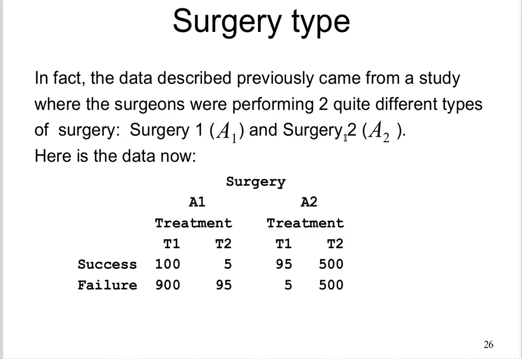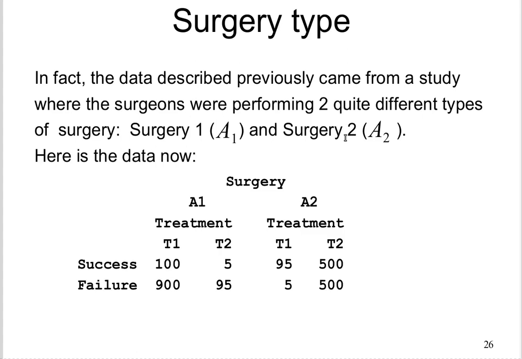And for our illustration here, we'll suppose that there were 2 types of surgery. And we'll keep it generic. We'll refer to the surgery types as A1 and A2. Well, it turns out then that for each individual, each of the 2,200 participants in the study, we have not only which pretreatment they received, but which surgery they received. And then we will have their success or failure as judged from the questionnaire they completed.